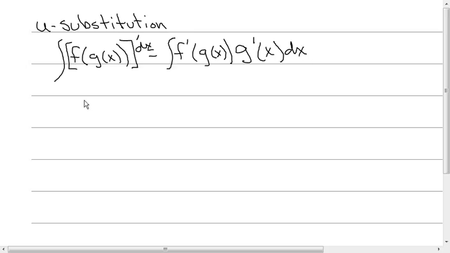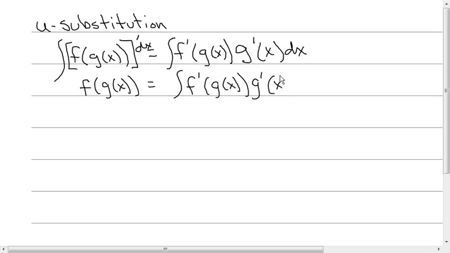Notice this term here, we have a derivative within this integral, so they cancel out and we simply get f of g of x is equal to this integral f prime of g of x g prime x dx.